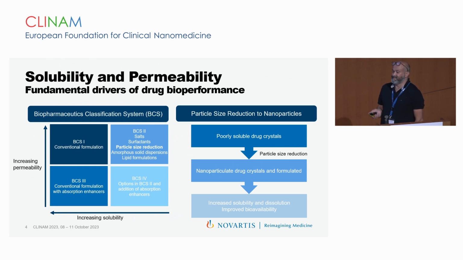What we're trying to do is reduce the particle size to increase the solubility. So we start with poorly soluble drug crystals, reduce the particle size via techniques such as nanomilling, and get nanoparticulate drug crystals, which are formulated into a drug product. The overall aim is to increase solubility and dissolution, which improves bioavailability.